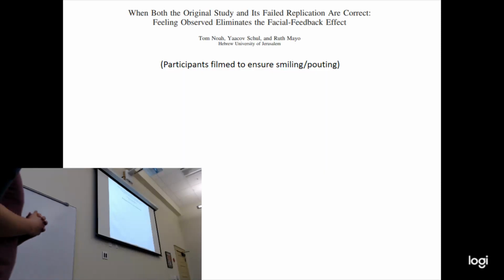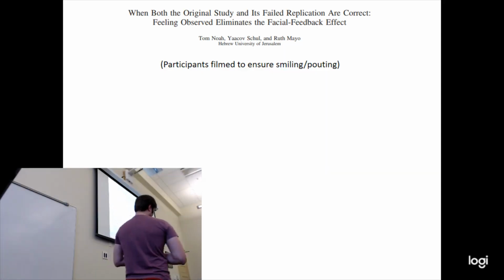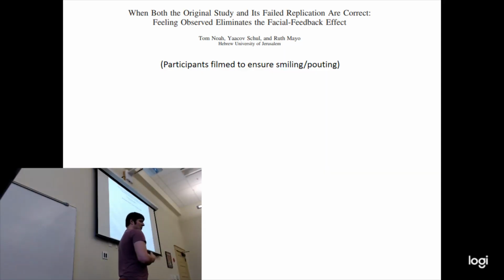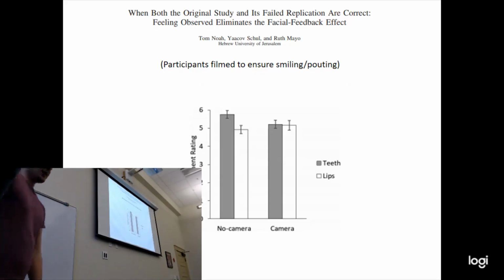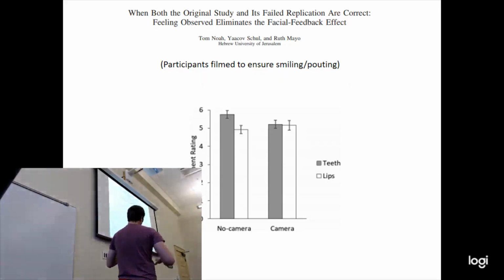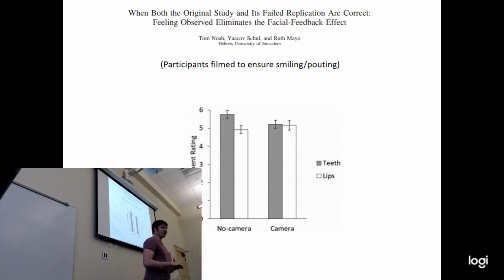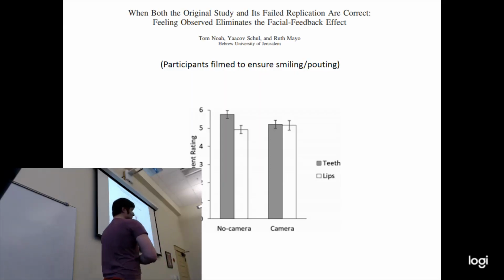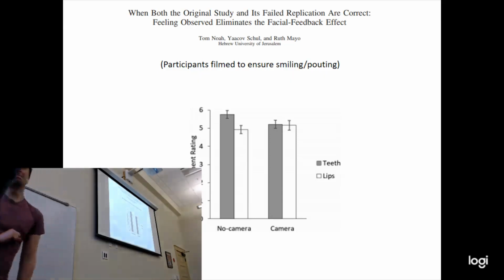There was a paper that came out last year trying to suggest this very idea. I have some technical objections to what they did, but it doesn't really matter for the purpose of the class. What they reported anyway is that if you don't have a camera, you get that difference in funniness ratings, and if you do, the effect goes away.